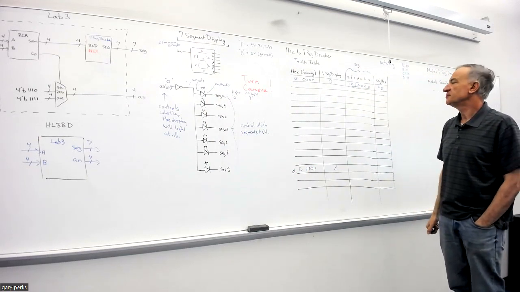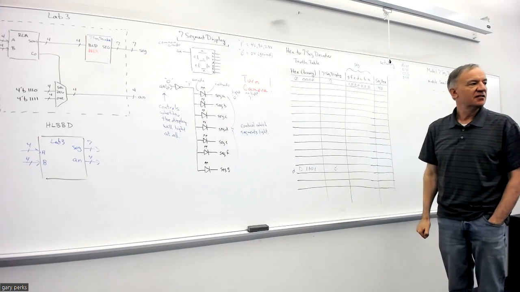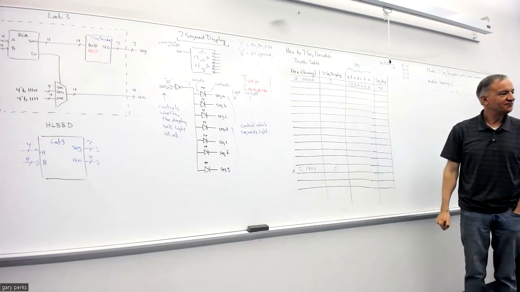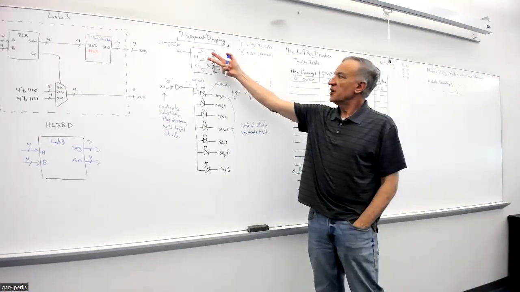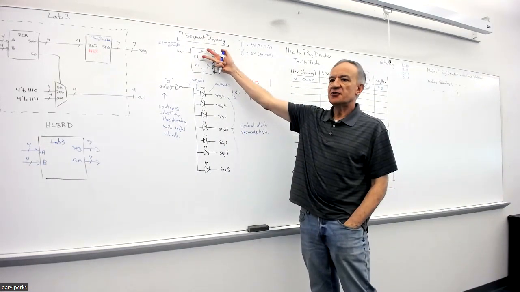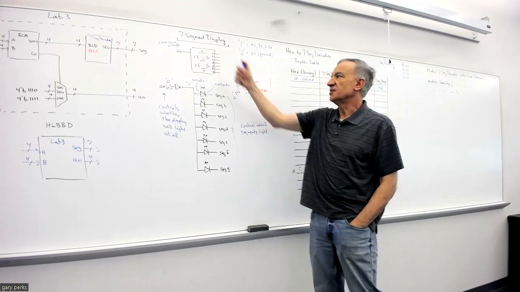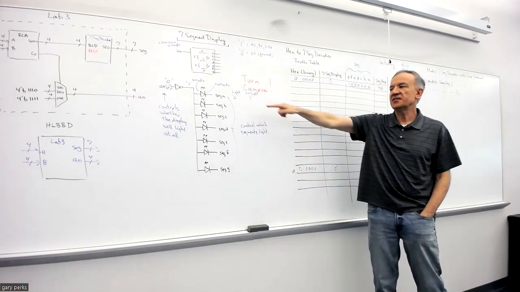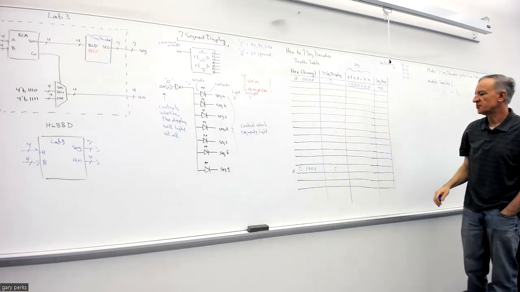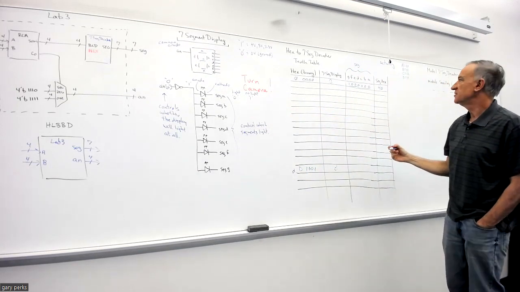What's going to be, what's that? Yeah. A and F we don't want lit, so we have to make those cathode bits equal to 1, right? Because remember, a 1 will not light the LED, because that puts equal voltage on both sides. So let's see.